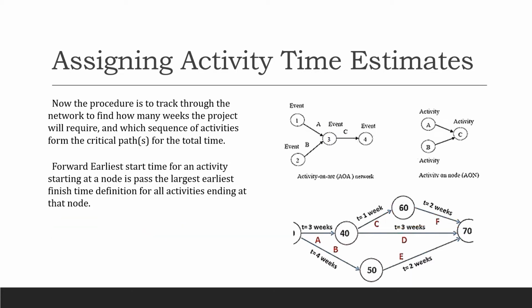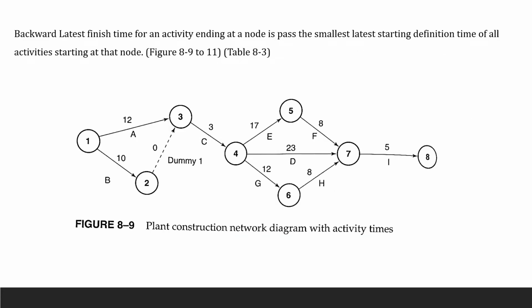Now we're going to go backward. The other one was forward. For backward, it's not earliest, it's the latest finish time for an activity ending at a node, and it passes the smallest latest start time.